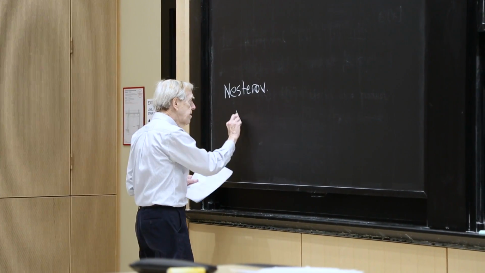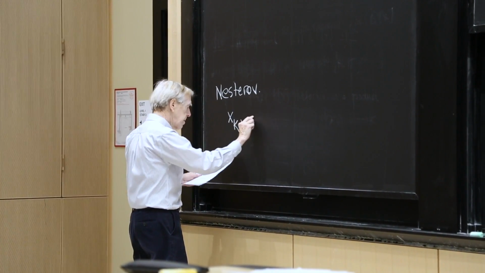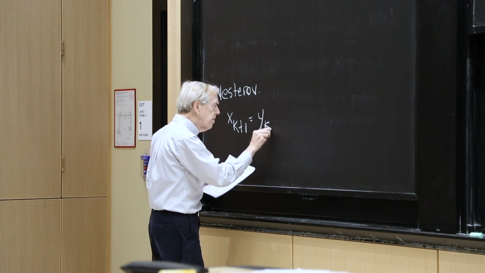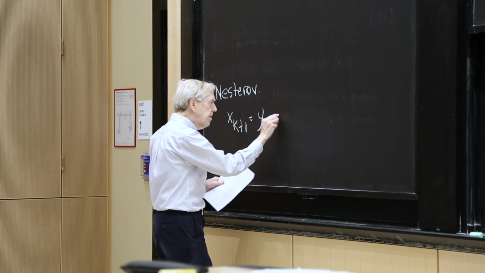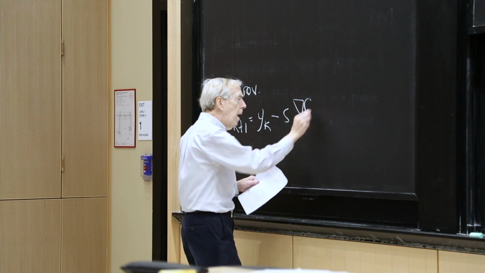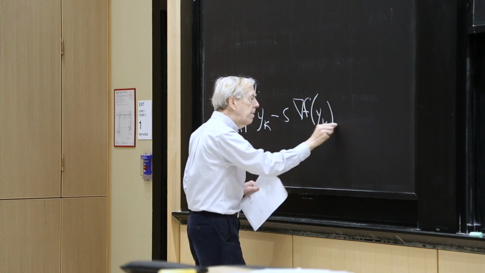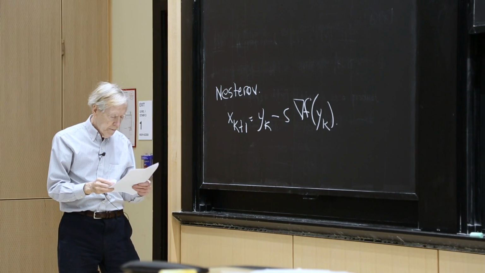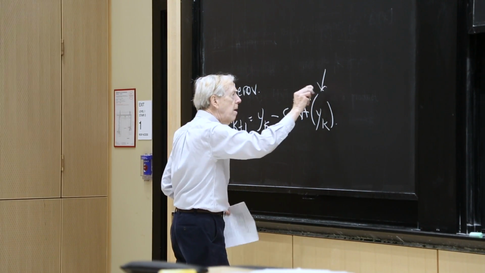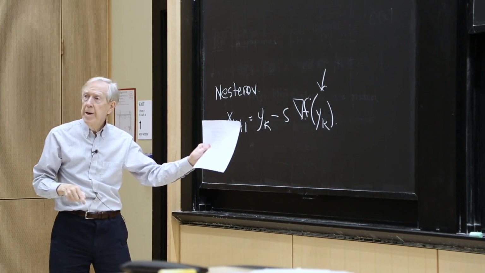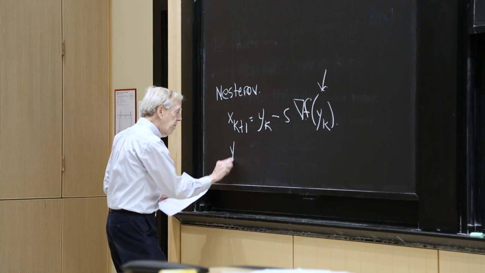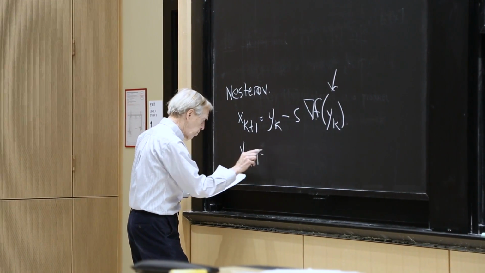So his formula is x_{k+1}, the new x, is y_k, so he's introducing something a little different, minus s gradient f at y_k. I'm a little surprised about that y_k, but this is the point here, that the gradient is being evaluated at some different point, and then he has to give a formula to track those y's.